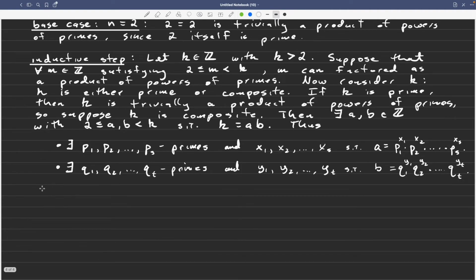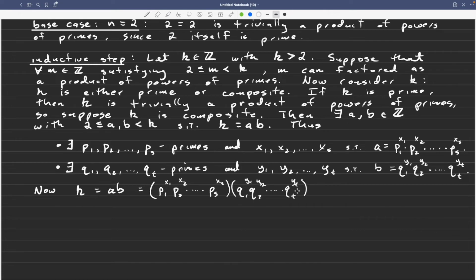So thus, k is equal to a times b, recall. So that would be the product of these two big expressions. And we're done, right? Because k now has been written as a product of powers of primes.